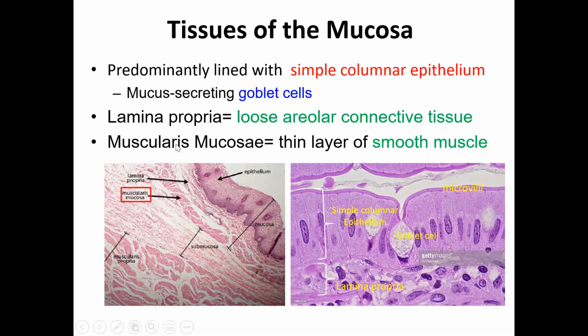That's called the muscularis mucosae. Please don't confuse that with the muscularis layer. So the muscularis externa, that is down here. This is just a very thin layer that's part of the mucosa. That's why it's mucosae. So the muscularis mucosae is a very thin layer, smooth muscle that's still part of the mucosa. So different from the muscularis.